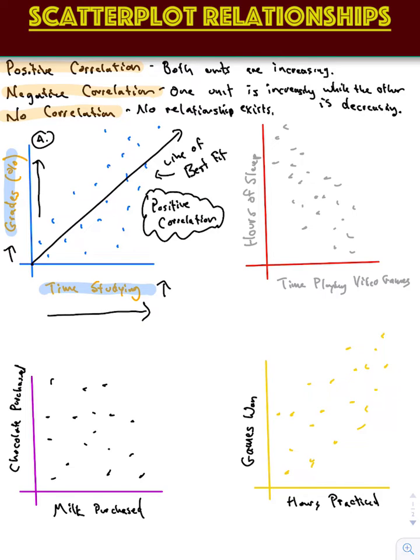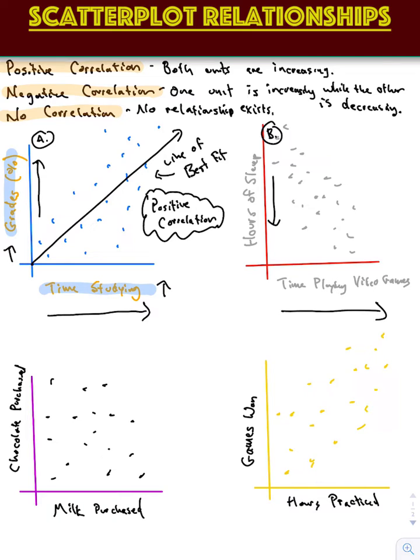As I look at graph B, my two units present are time playing video games and the hours of sleep that someone would get. Here you notice that as my time playing video games goes to the right, as it increases, the hours of sleep are decreasing.